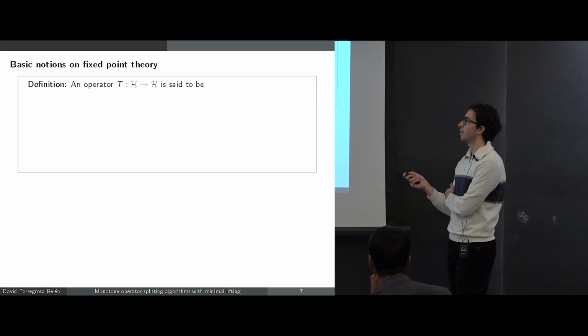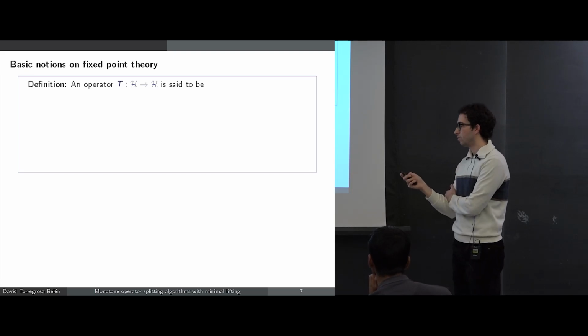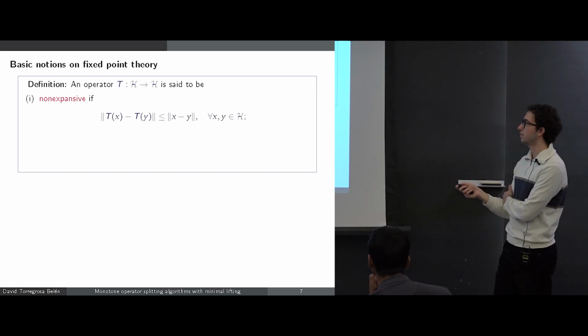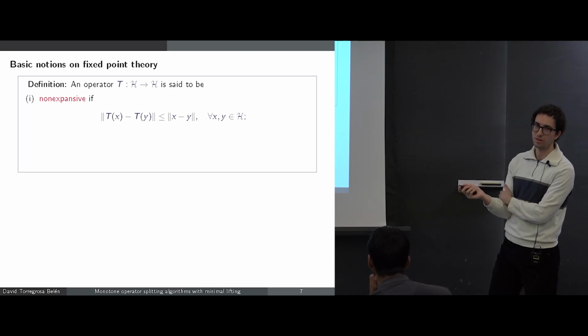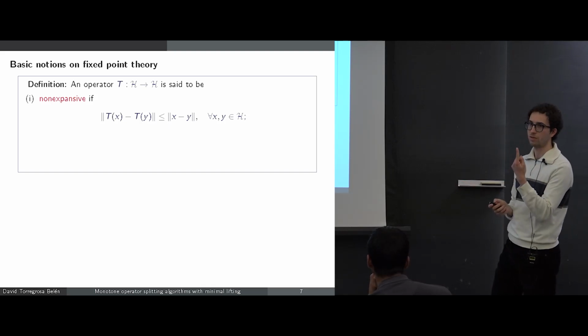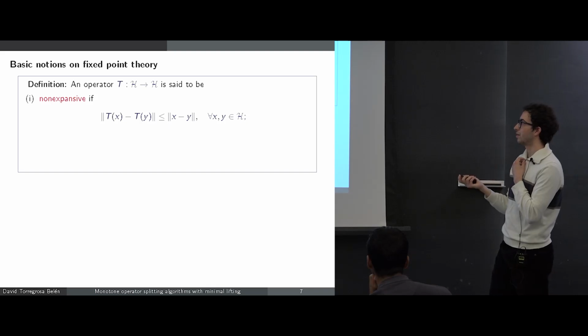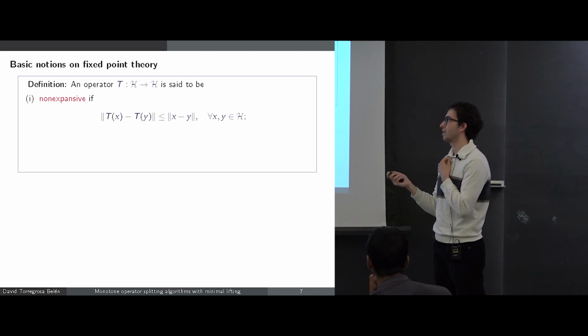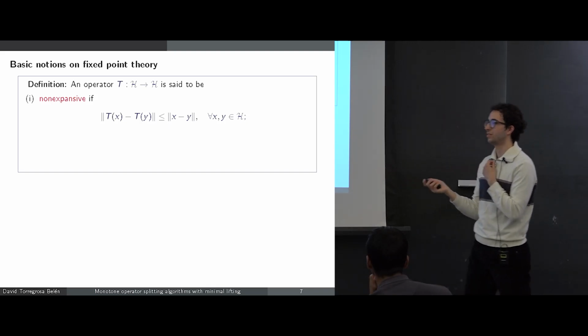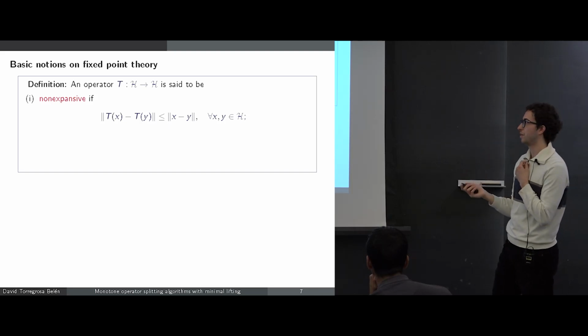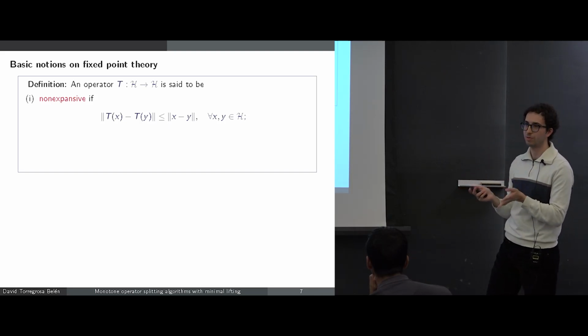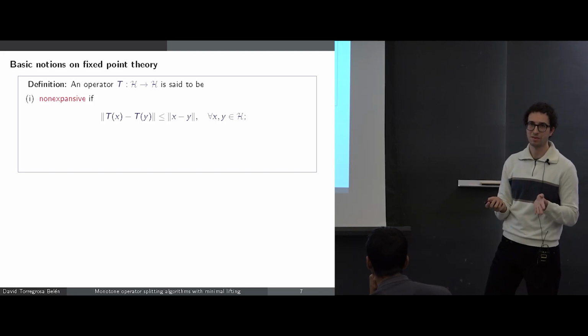Whenever we have a single valued operator T, we say that it is non-expansive if it is Lipschitz continuous with constant 1. Okay? Here a problem arises. If you think of the most famous result for fixed point iterations, it is the Banach-Picard theorem.